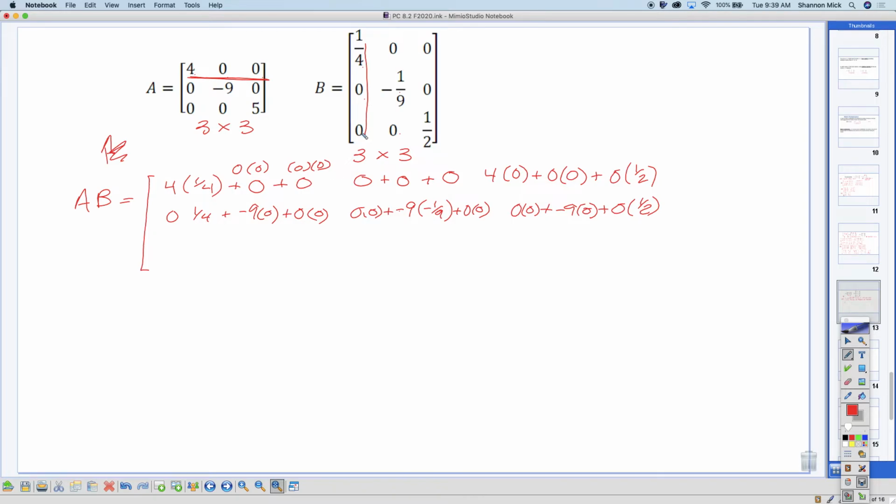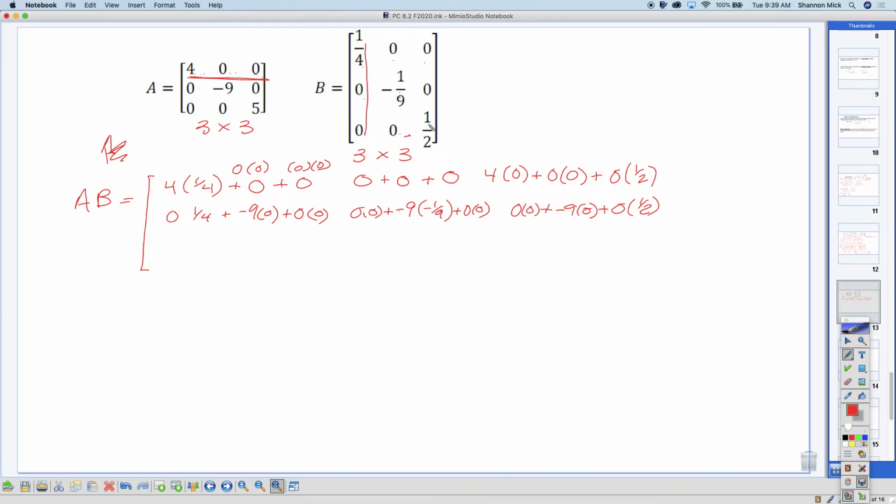You don't take each number by every number. No, that would be horrible. So then I go to the next one and I take 4 times 0, 0 times -1/9, 0 times 0. And the next one, 4 times 0, 0 times 0, 0 times 1/2.